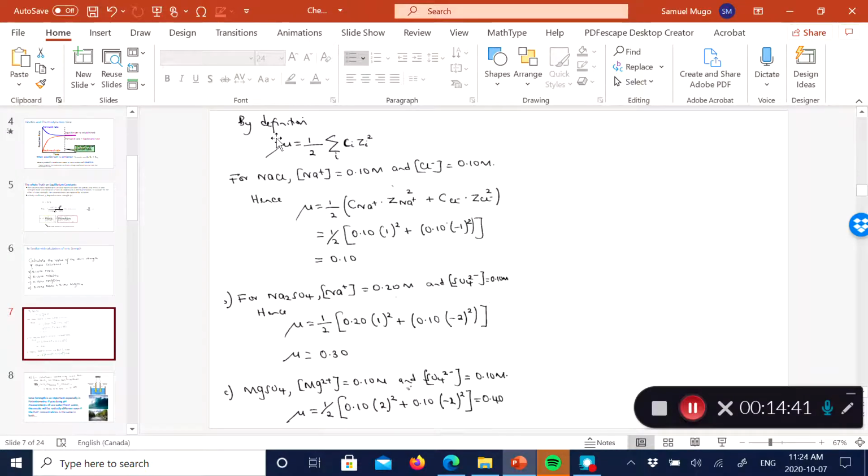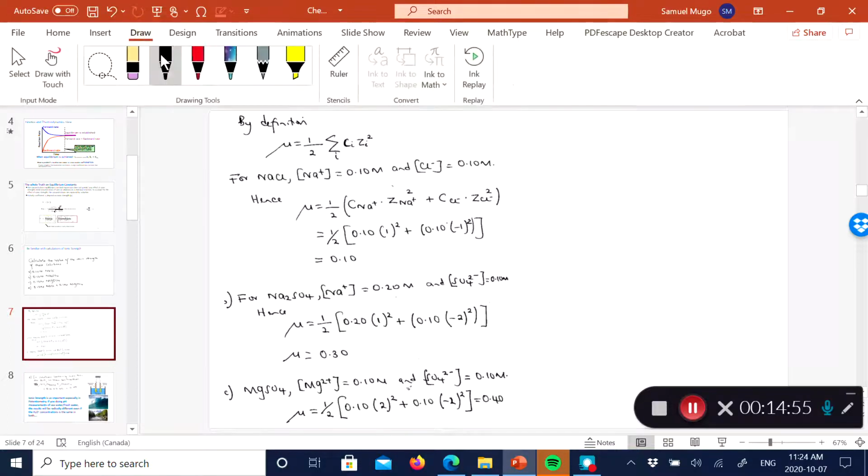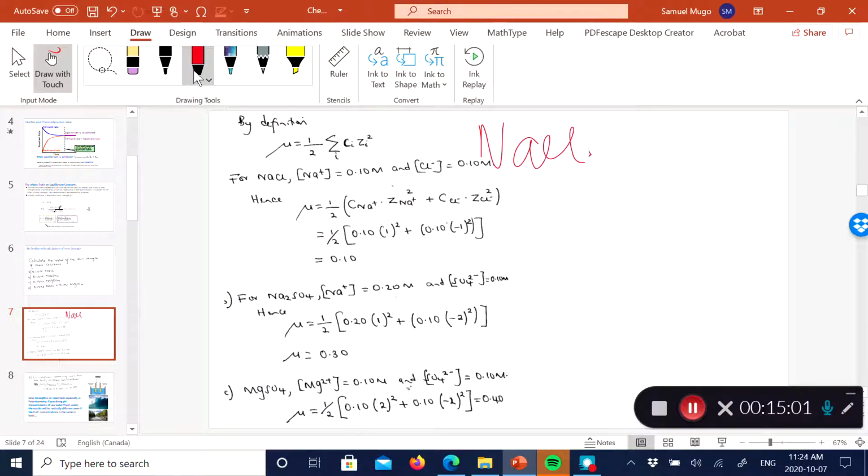So as you can see from the definition, the ionic strength is equal to a half of the summation of the concentration of the respective ions, multiplied by the charge state squared. So if you've got sodium chloride, for example, we know when you dissolve it, it's going to dissociate into sodium ions and chloride ions.